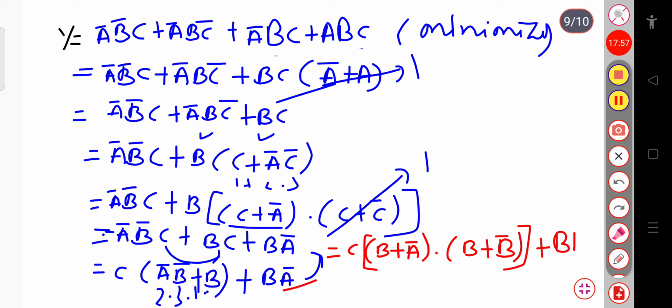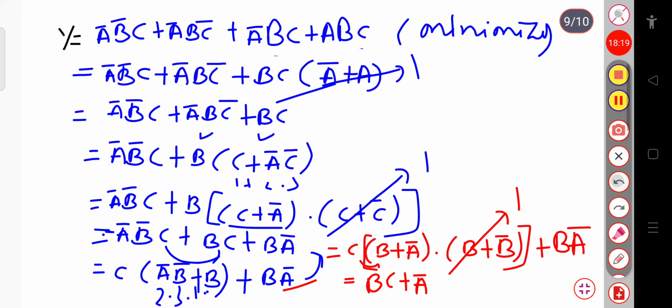If we see this b plus b bar, it will give 1. So, the remaining term, if I multiply, will be bc plus a bar b plus b a bar, or a bar b, sorry, I wrote it by mistake.